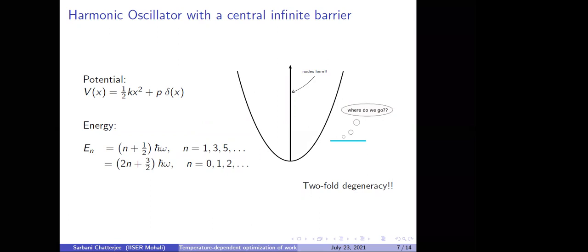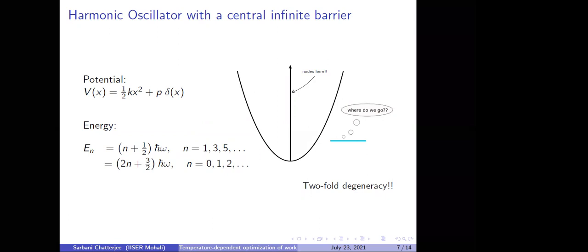Now, the barrier being inserted exactly at the center of the harmonic oscillator will only affect the wave functions with even quantum numbers. Those with odd quantum numbers remain unaffected since they already have nodes at the center.